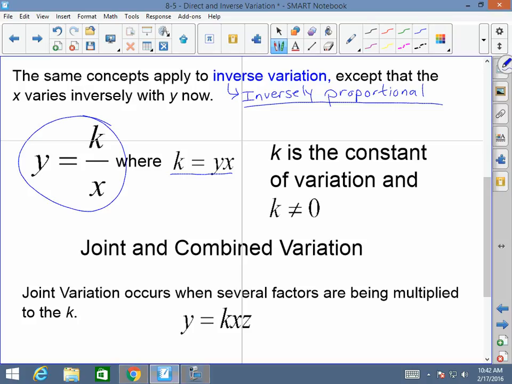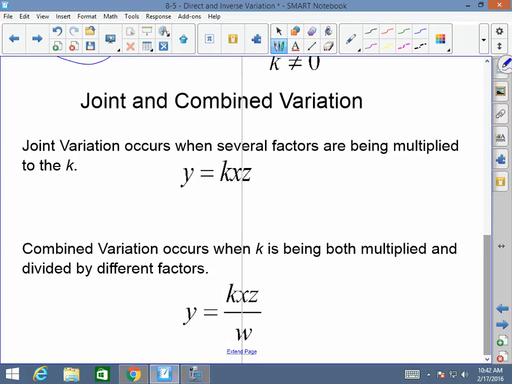Now, last but not least, you can combine this direct variation and inverse variation into what's called joint and compound variation. Joint variation occurs when several factors are being multiplied to the k. So you can have y equals kx, z, w, whatever.